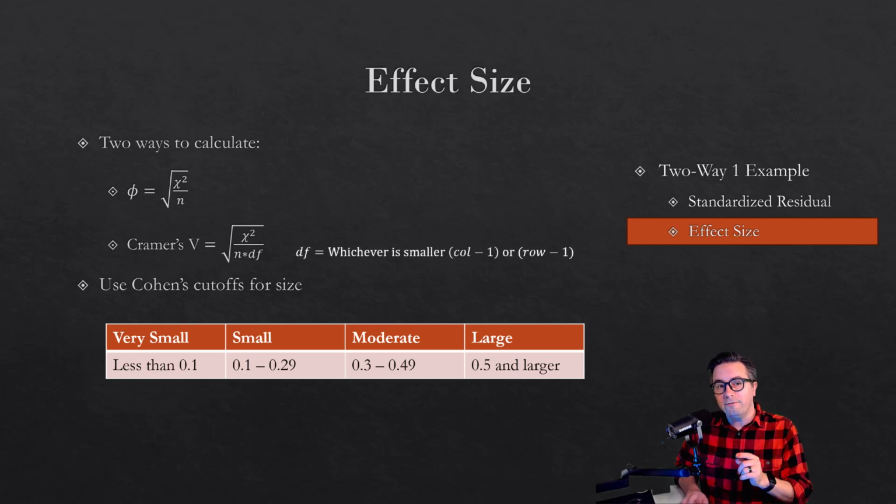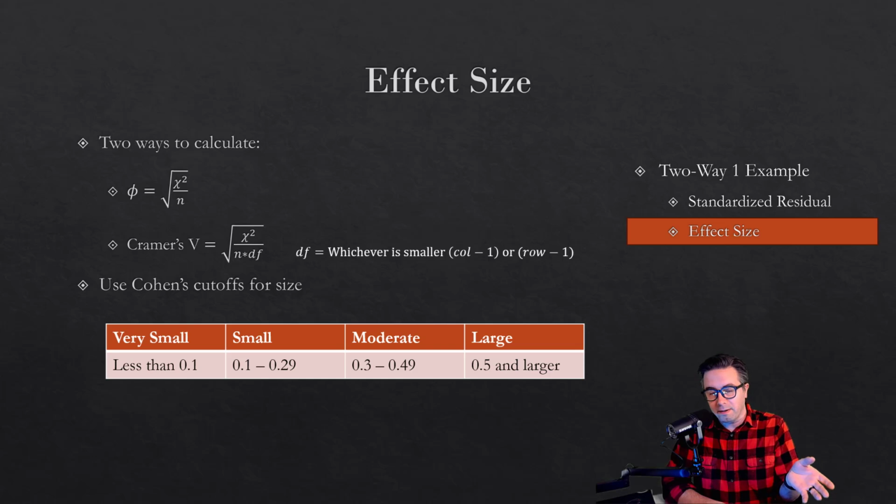The way we find the degrees of freedom is we look at the columns minus 1 and rows minus 1, and we use the smallest one. It's different than the degrees of freedom of chi-square, which I haven't talked about yet, and you'll see that when we go through the walkthrough in just a second.